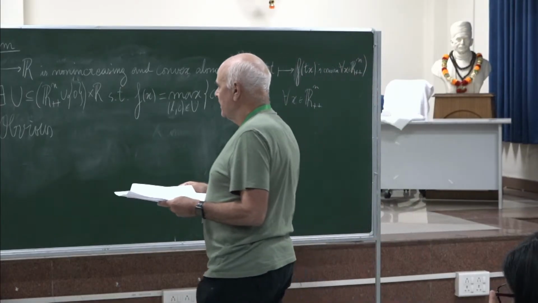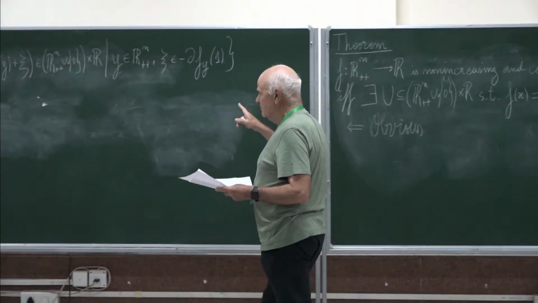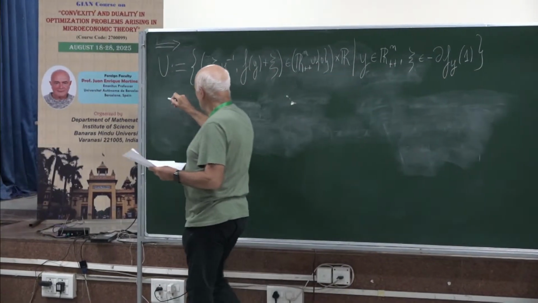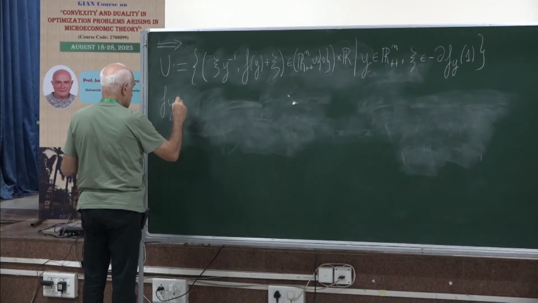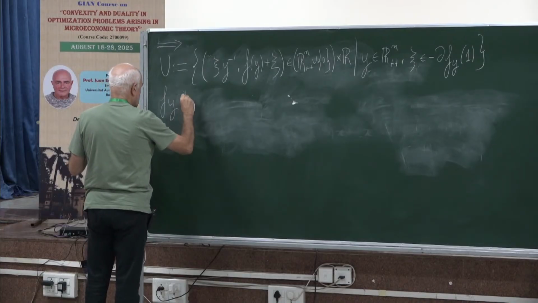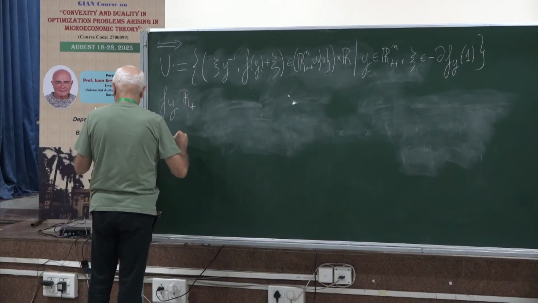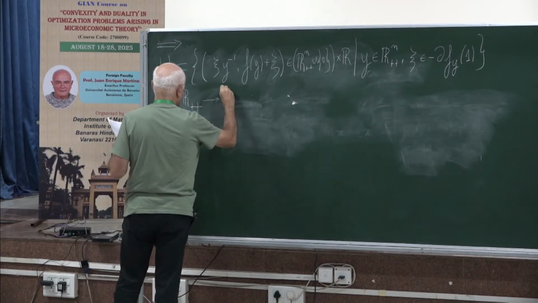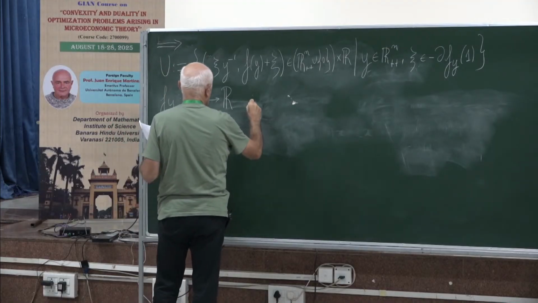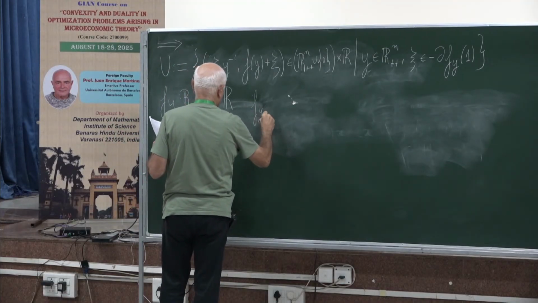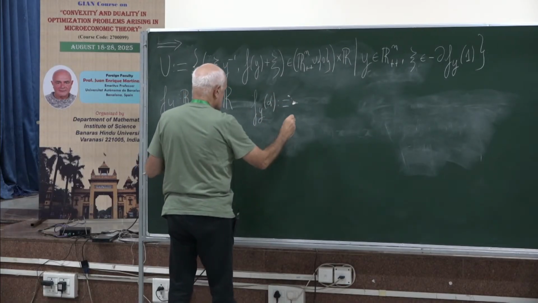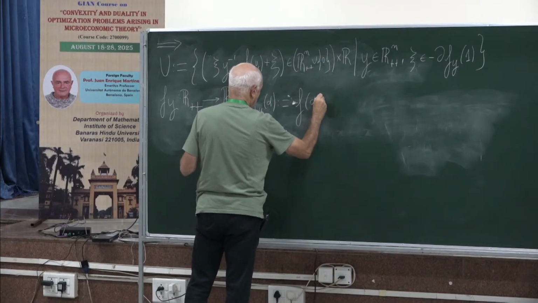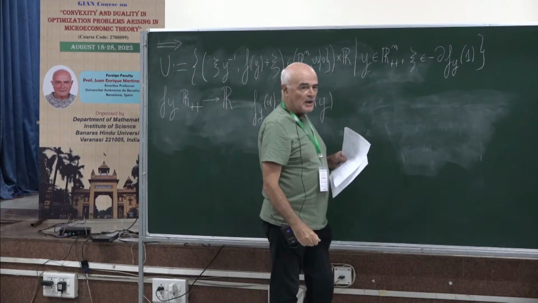I didn't say who is Fy. Fy from R plus into R is defined by Fy of alpha equals F of alpha y.